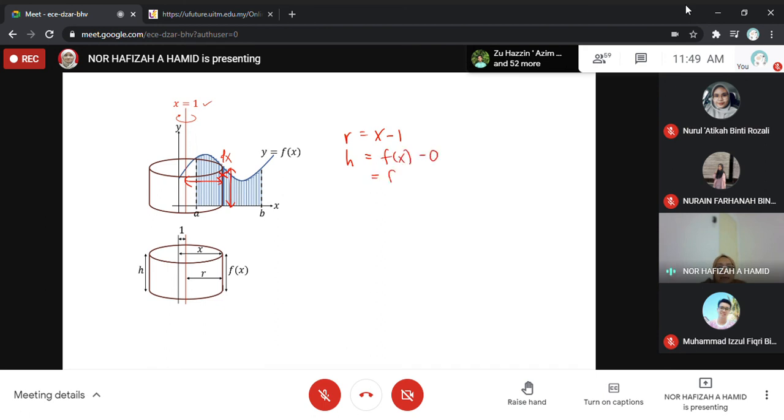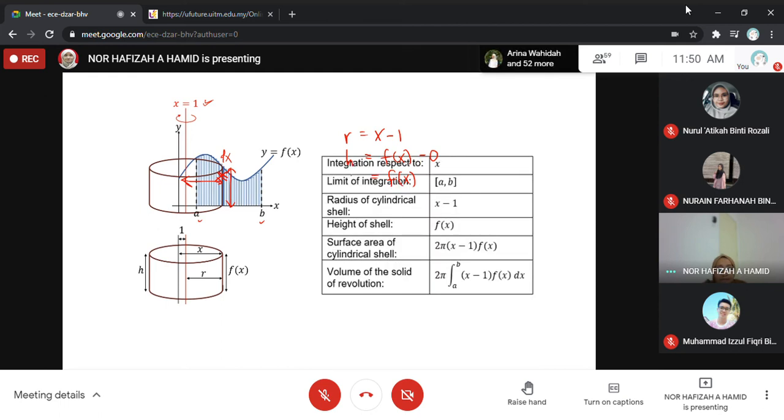So you will have fx. Okay, and limit dia from A until P. Okay, so nak cari R ni biasanya you punya right minus left je. So right dia x minus kan dengan left. Left dia is 1. So x minus 1. Okay. So you akan buat macam ni.